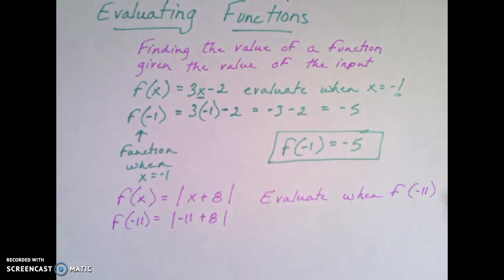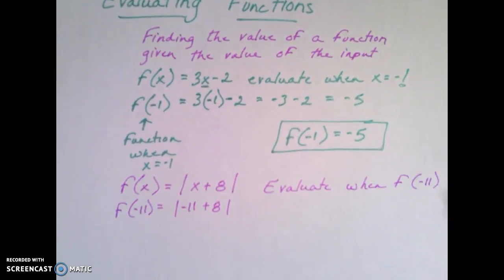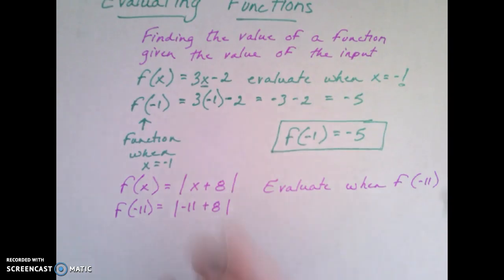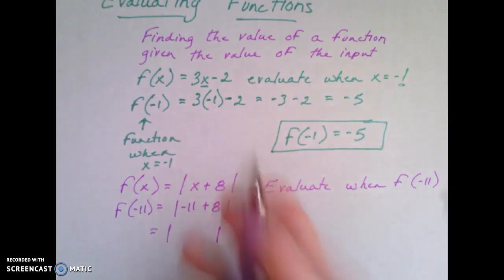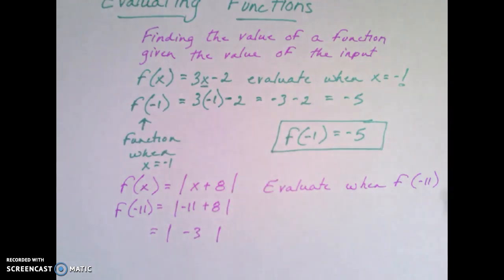Now when we simplify absolute value functions, remember you work inside first. So we keep our absolute value brackets, so we know we still have to take the absolute value, and we do negative 11 plus 8. Negative 11 plus 8 is going to be negative 3.